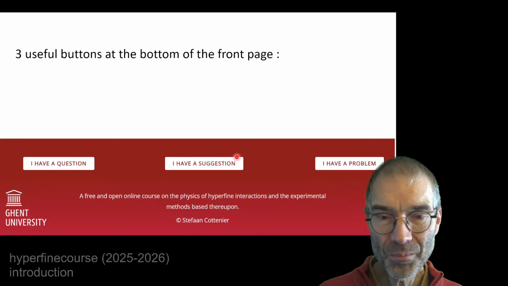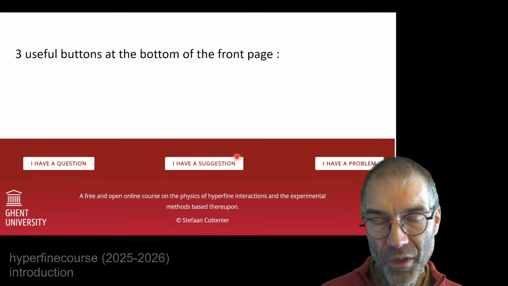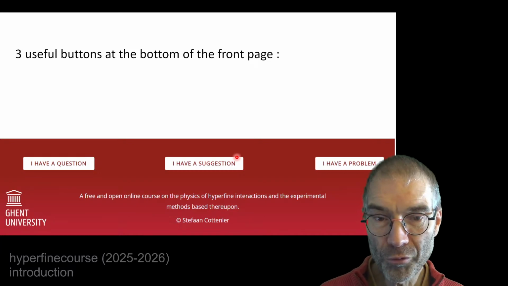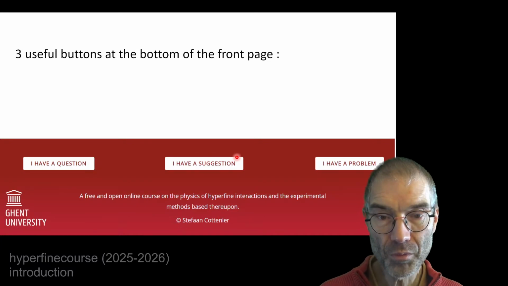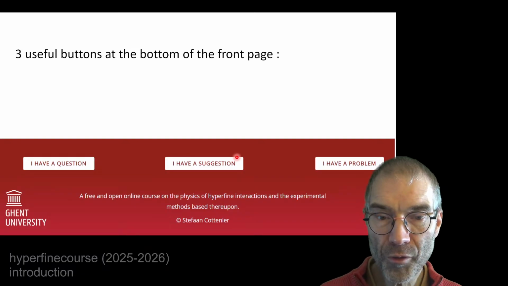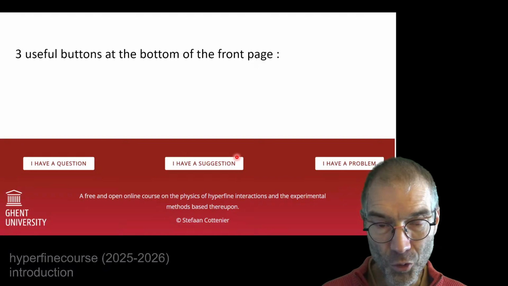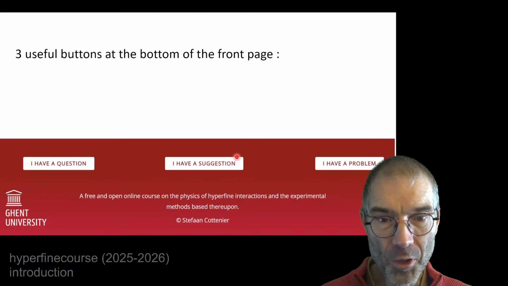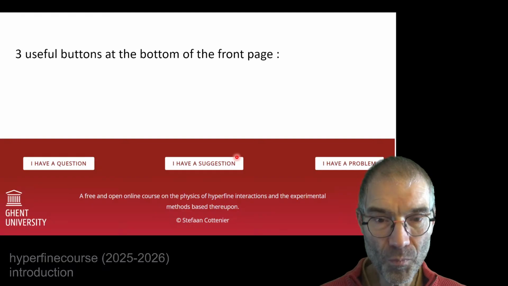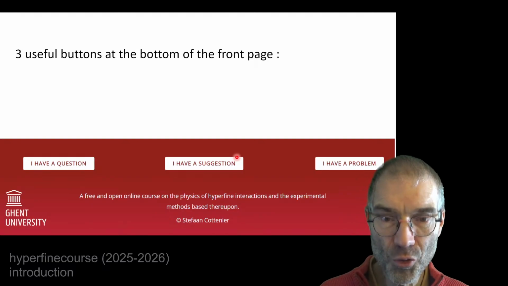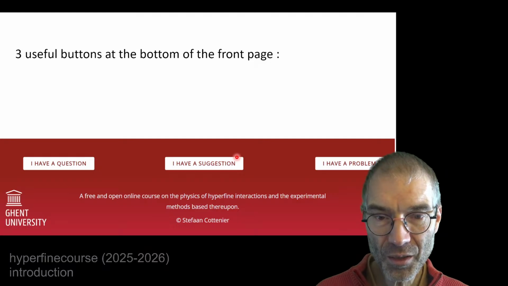The middle button is for suggestions on how the course can be improved as a whole: the general structure, or topics that could be useful, or parts of topics where you have a good source or an alternative view, or some tasks you want to suggest that would be suitable for a particular topic.